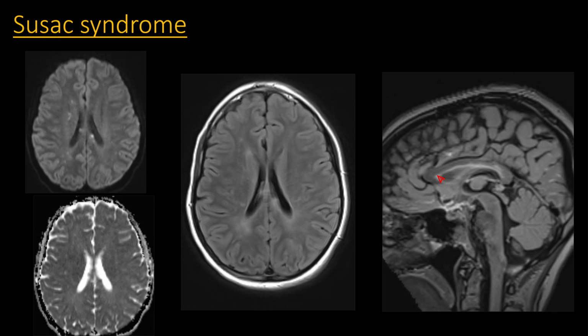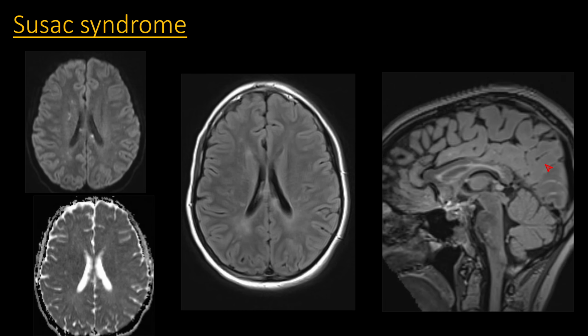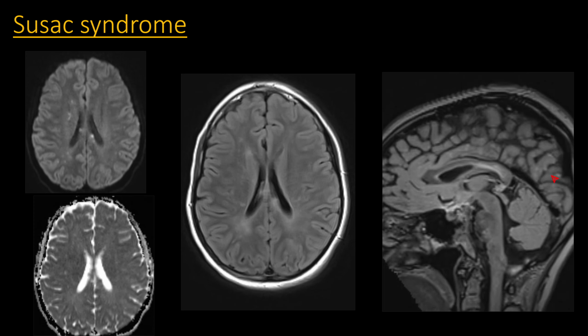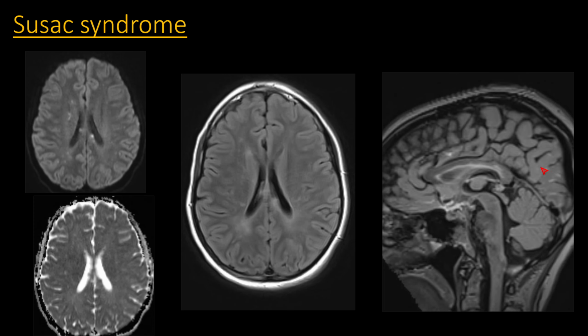Here, there's some involvement of the corpus callosum, as you can see, but this particular lesion is obviously not that typical snowball type of lesion. If you're wondering what these things are, this FLAIR was obtained after IV contrast administration. So this is what leptomeningeal enhancement would look like on FLAIR. These particular areas are all leptomeningeal enhancement.